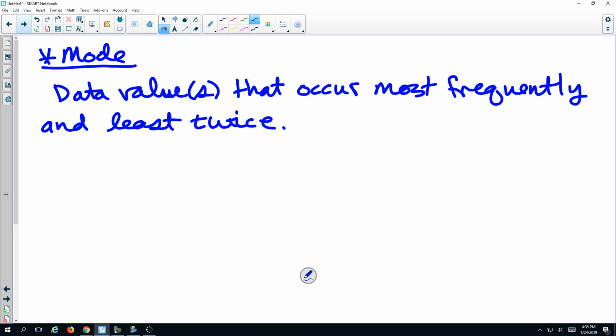So the mode is the data value or values that occur most frequently and at least twice.